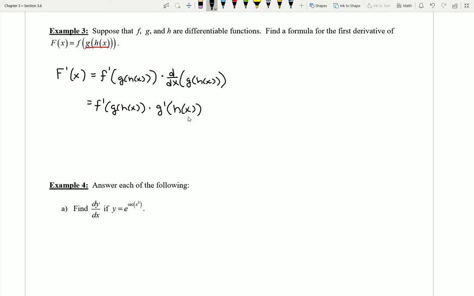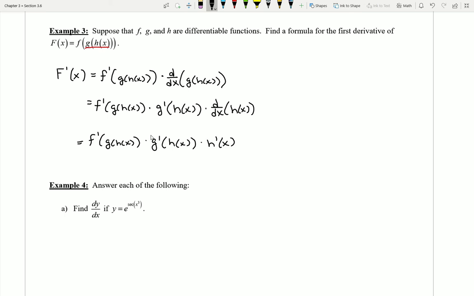And then I would look at the stuff. Is it just an x? No, it's not. So I would have to go ahead and just take the derivative of that now. So overall, what I would end up with is f prime of g of h of x times g prime of h of x, and then the derivative of h of x I could just write as h prime.